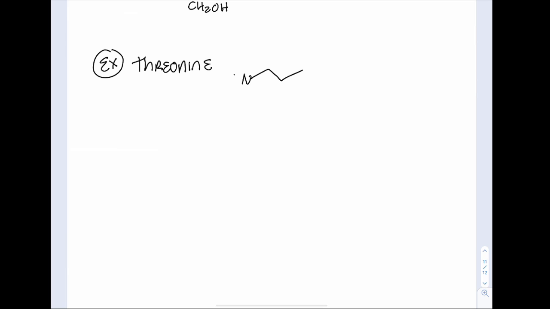So I have an amino group on one end, and then carbon, and then this is a carboxylic acid.